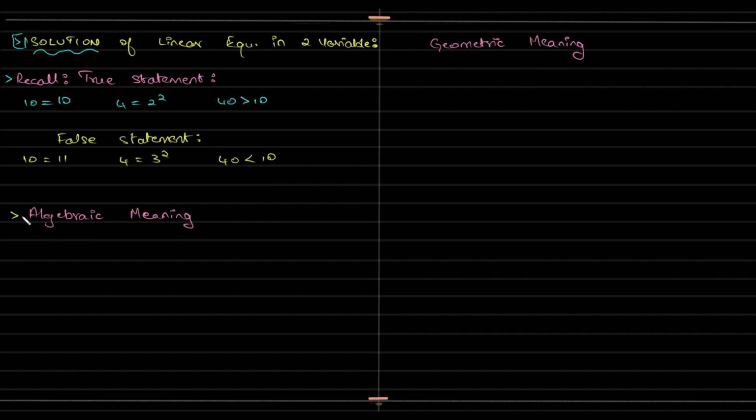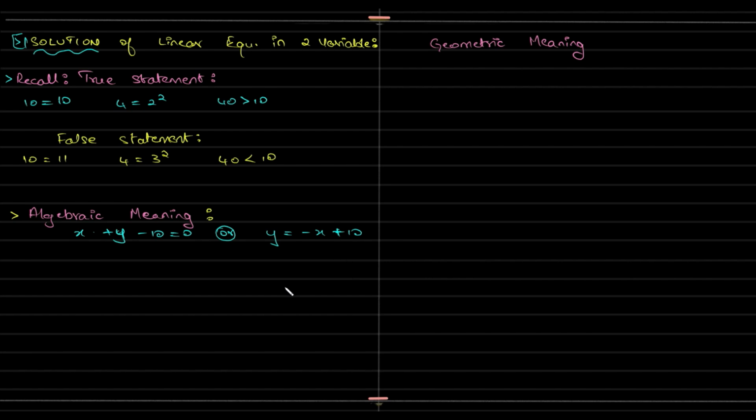So why is that required? To understand the algebraic meaning of a solution of a linear equation, we need to know what is a true statement and a false statement. So let us take a linear equation to start with. I will take x plus y minus 10 is equal to 0, or I'll rewrite this as y is equal to minus x plus 10.